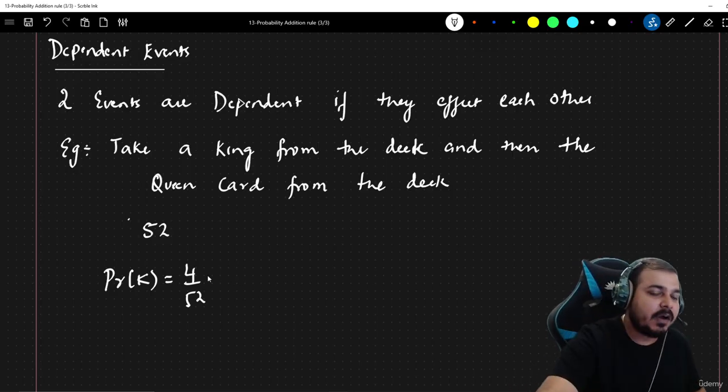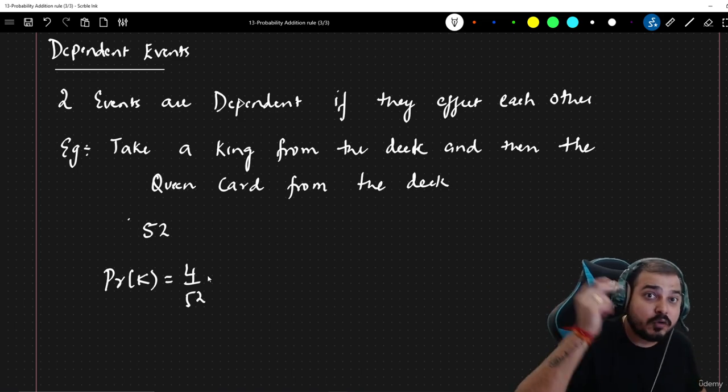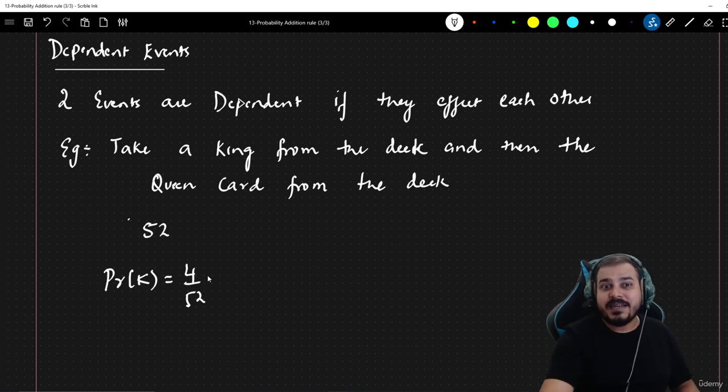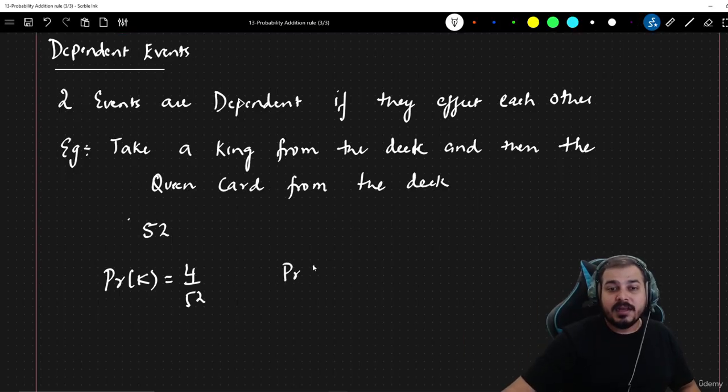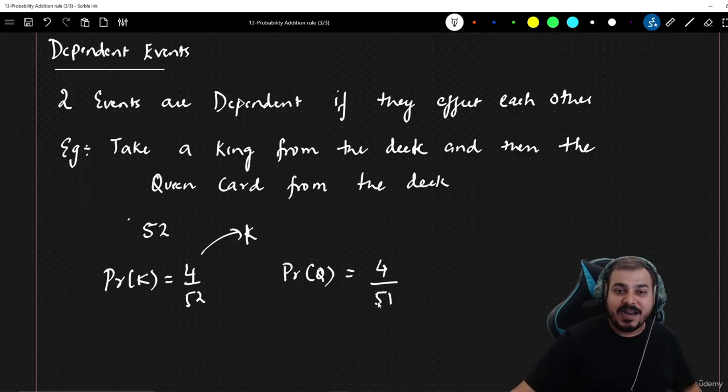Now suppose I take out the king card and do not put it back inside the deck. Then what will be the probability of queen? I have taken out one card which is a king, so this will be 4 by 51, because one card has already been taken out. So this kind of event is called a dependent event, right?